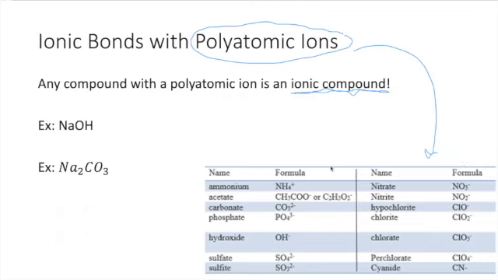It is ions that are made up of covalent bonds, but they don't end up as a net neutral. They end up giving off charges once they form their covalent bonds.